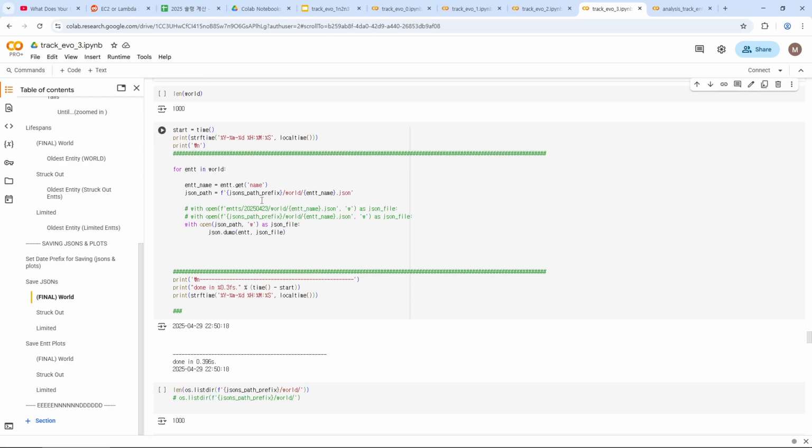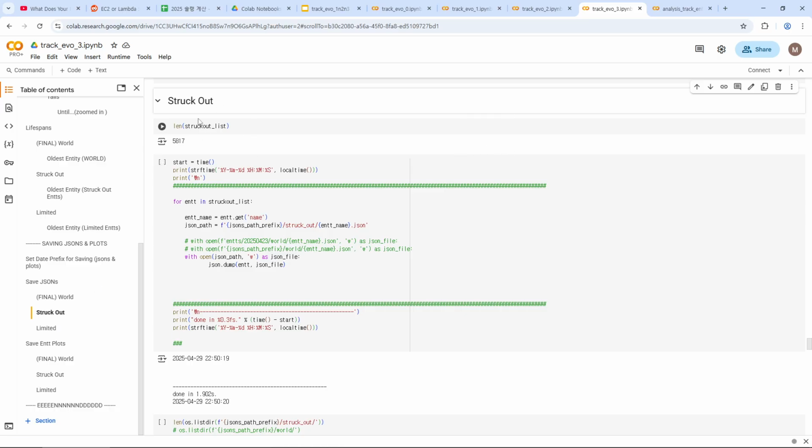What happens is that the number of entities that are struck out is increased to 5,817, so around 6,000, let's say. And the number of entities that are limited out of the population is 8,193.